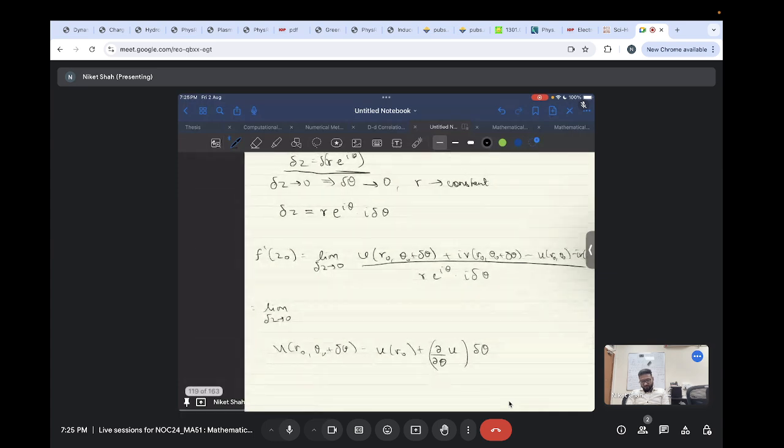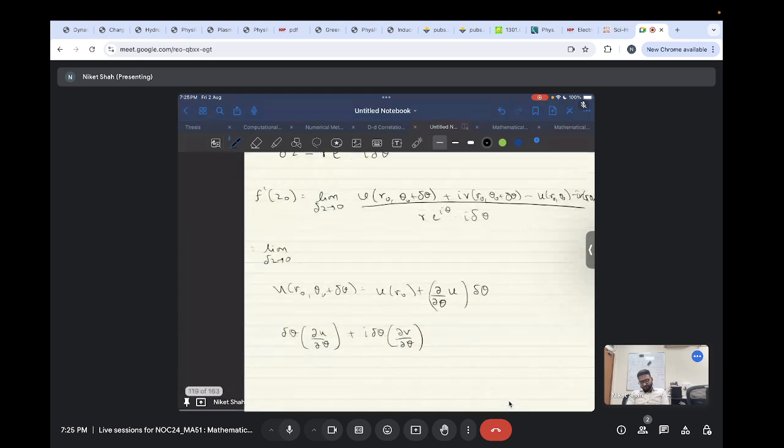Doing this, what we eventually end up getting is delta theta into del u by del theta plus i delta theta del v by del theta, divided by r e power i theta i d theta.